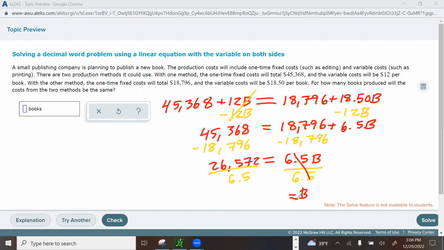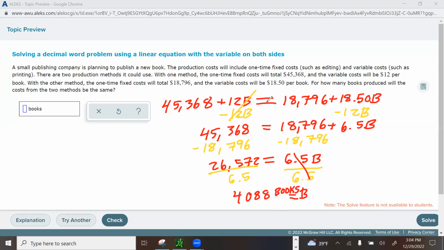And so now when we divide, we're going to get 4,088 books. Oh boy, wow, that is some really abysmal penmanship. 4,088 books.